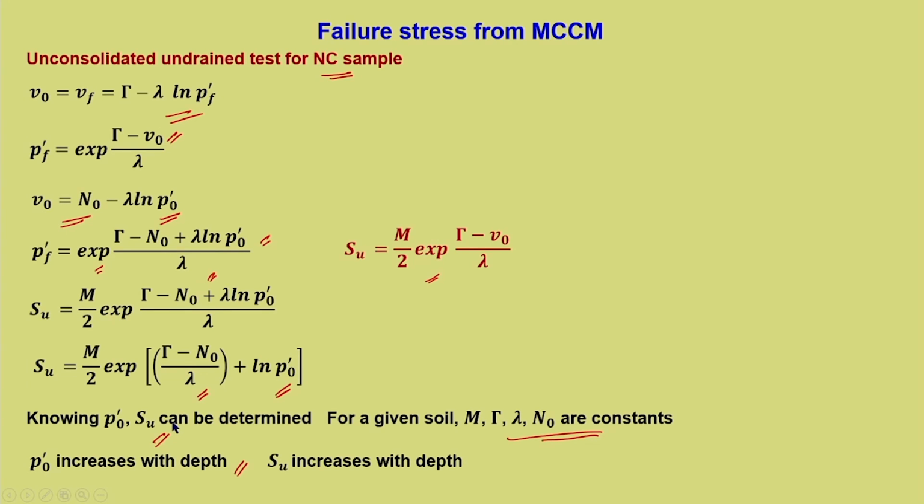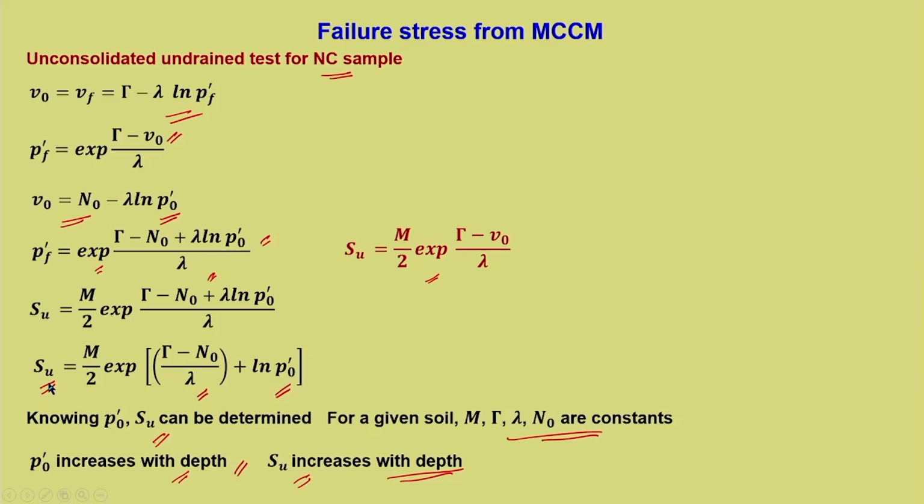So, since P naught dash increases with depth, the Su for normally consolidated soil increases with depth. If you want to prove that Su of NC will always increase with depth, this is the proof: P naught dash increases with depth, and according to this equation Su is merely a function of P naught dash because all others are constants.